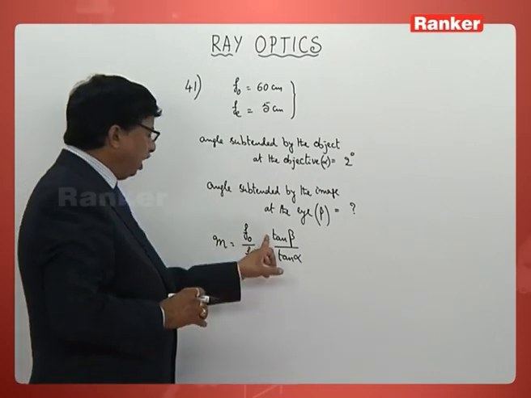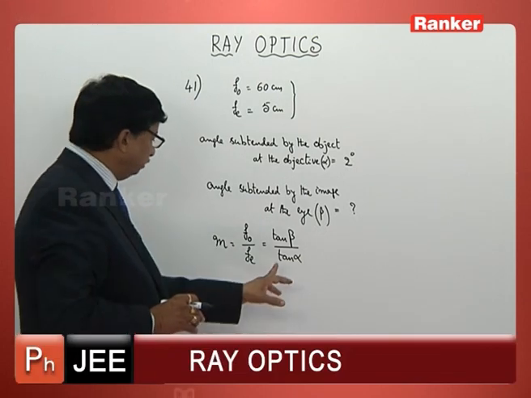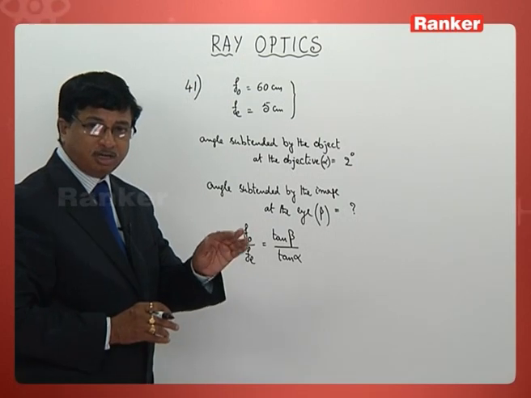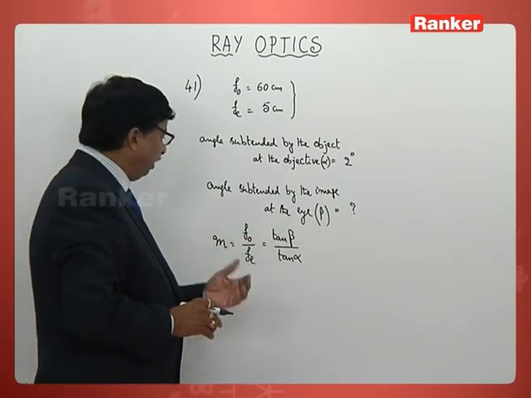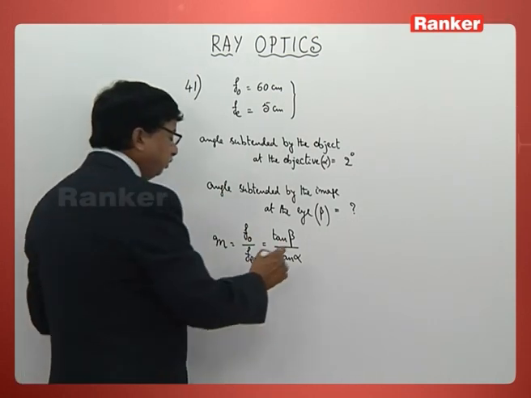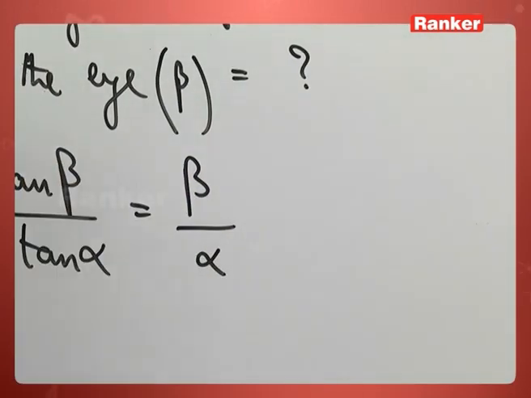This is the tangent of the angle subtended by the image at the eye, and this is the tangent of the angle subtended by the object at the objective. Fine. But when the alpha and beta values are numerically very small, then we write the same as beta by alpha.